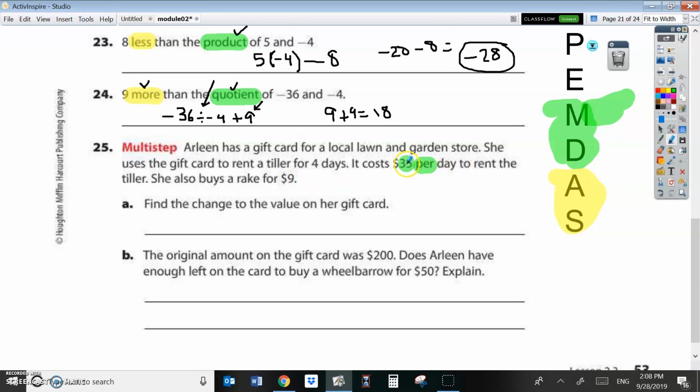So this is the multiplication, and here is your addition or subtraction. Find the change to the value on her gift card. So 4 times negative 35. Minus 9.